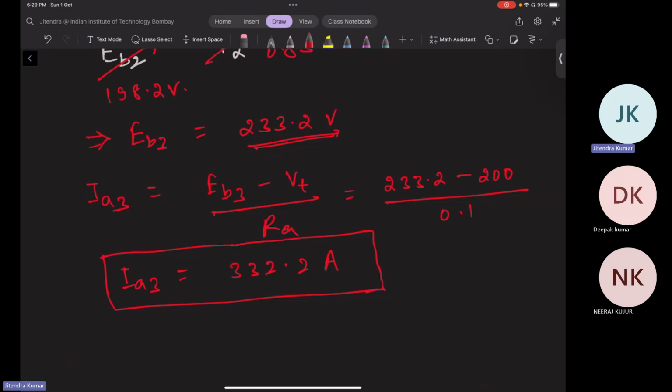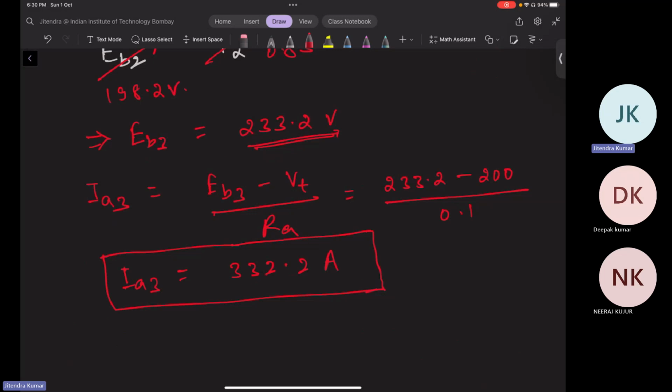Now again, the same phenomenon will happen. Again, you have to settle at a steady state with constant load torque. So the same thing you can repeat, and the same thing happens in the practical application of a motor, right? You give some certain control input, some transient will occur in the machine, then it will settle at the steady state.